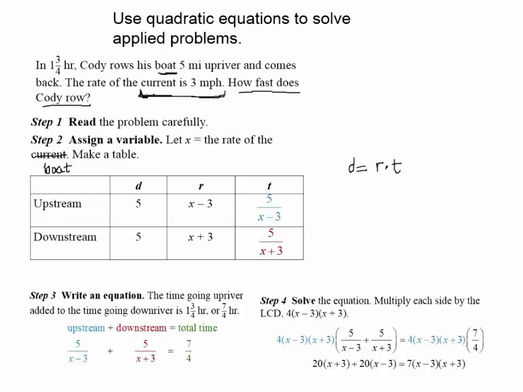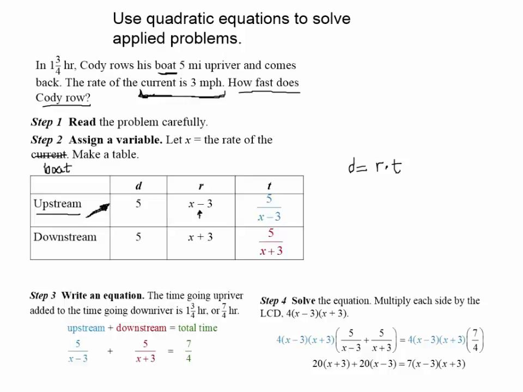We already know the rate of the current is given to me as 3 miles per hour. So if you're going upstream, the rate of the current works against us. That's why we're subtracting that rate from the rate of the boat.